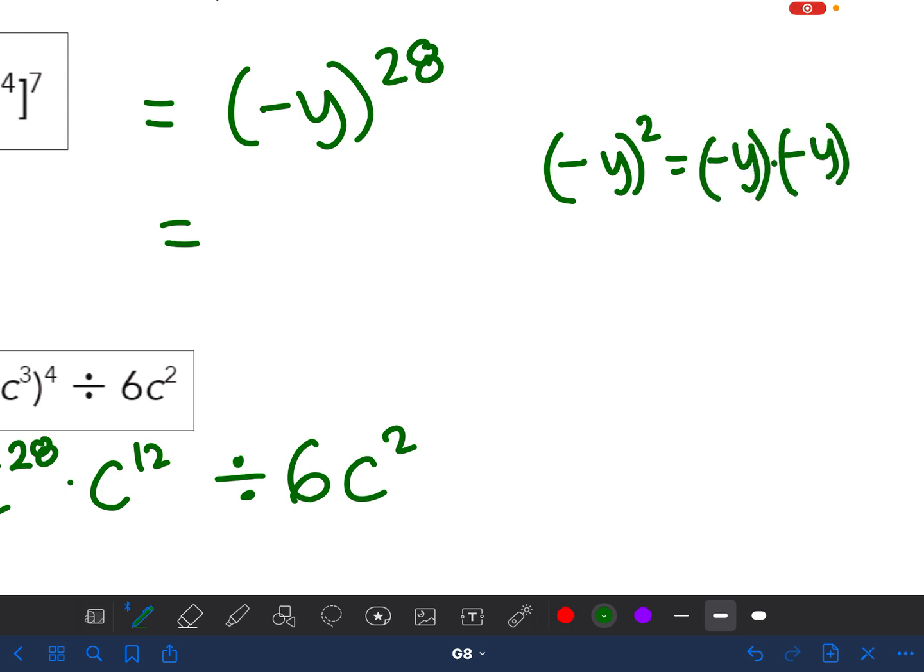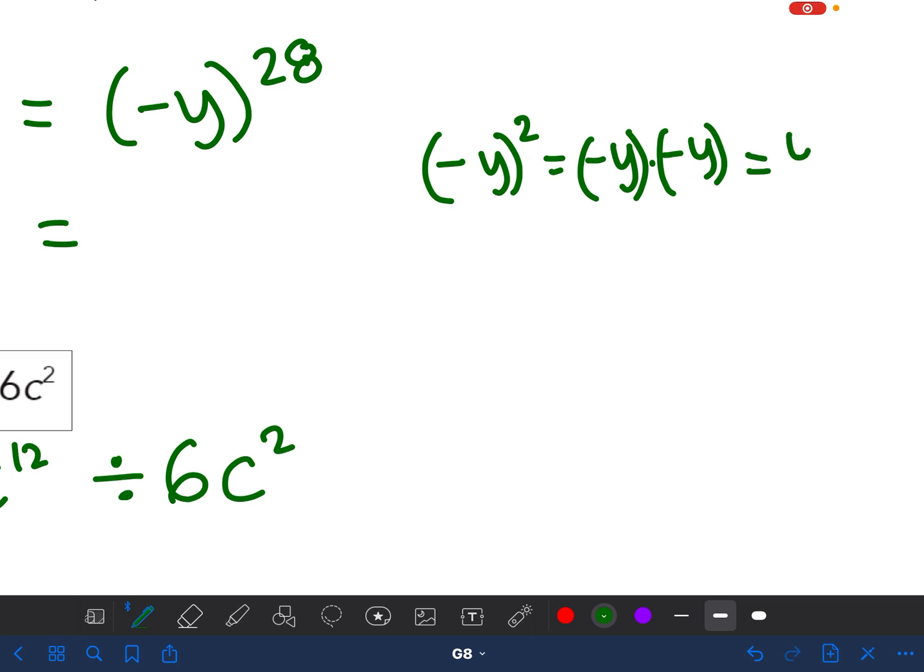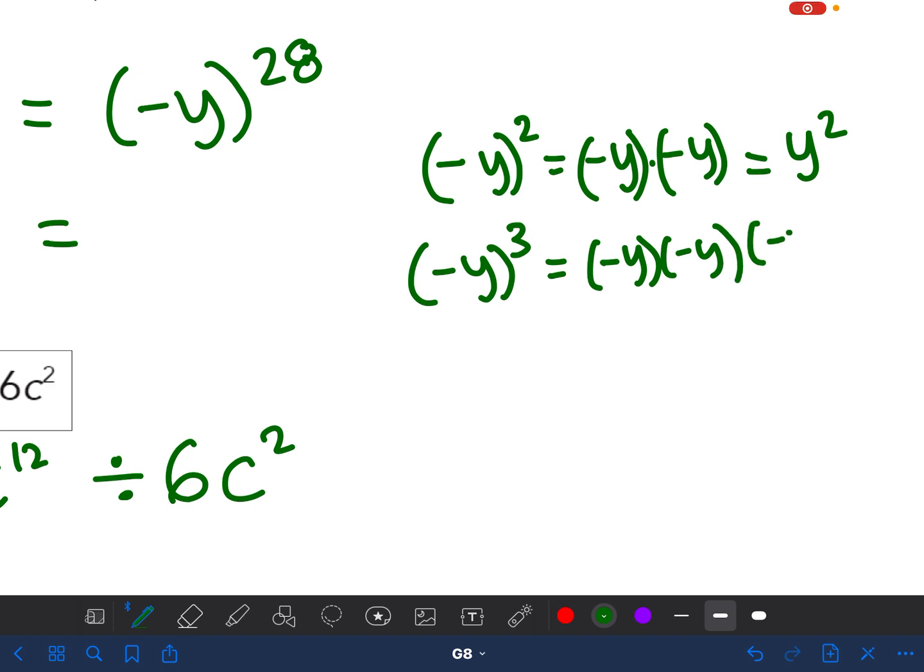So we have two negatives, that makes it positive y squared. So what if I have 3? We expand that, and we know this is y squared times negative y. That's negative y cubed, right?